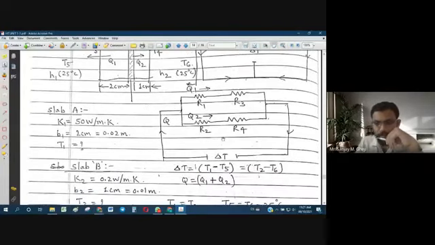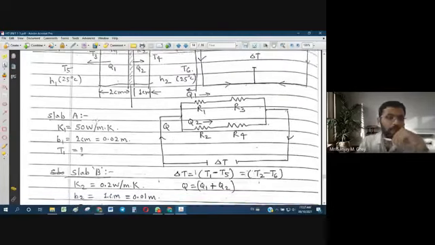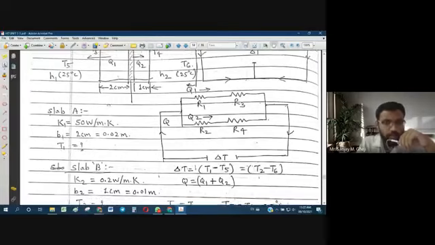So this way we can show a thermal circuit with delta T. Now the other given values: slab A, K1 is 50 watt per meter Kelvin, B1 is 2 centimeter, in meters we get 0.02 meter. Then T1 is to be found out.